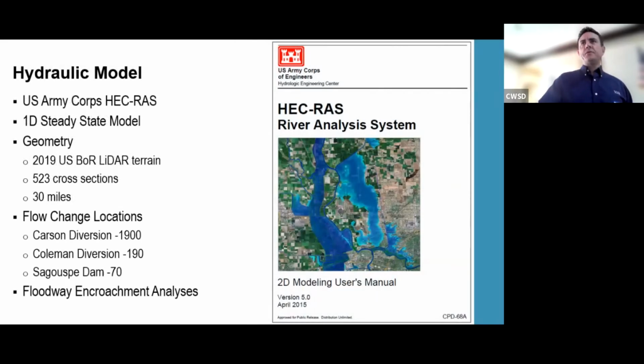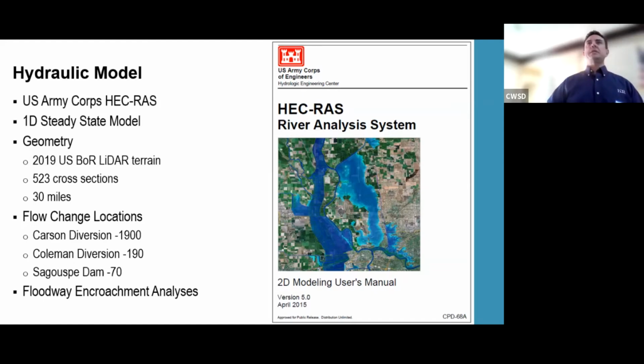So for this particular study, we are using what we call a one-dimensional steady state model. When we talk about a one-dimensional model, it is a series of cross sections down the stream reach, at which hydraulics are computed.